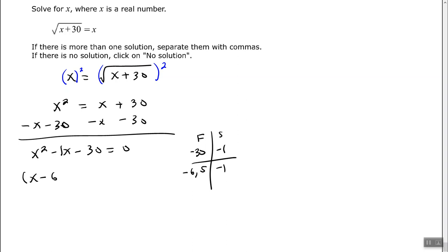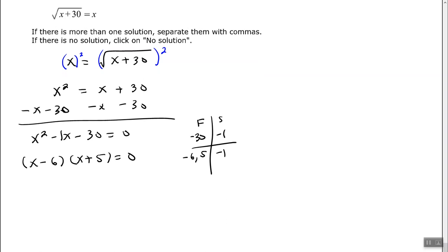So x minus 6 times x plus 5 equals 0. Set your two factors equal to 0 and solve. Add 6 to both sides, and subtract 5 from both sides.